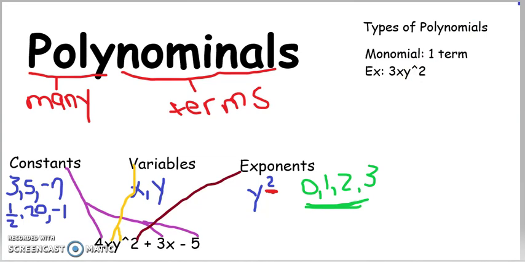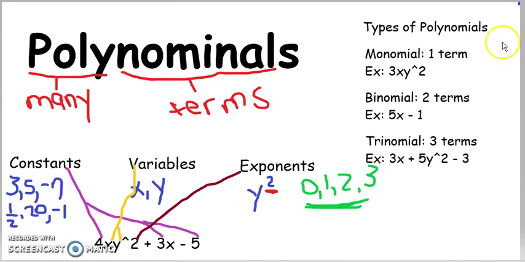The next type of polynomial that we'll learn about is a binomial. Bi meaning 2, so it has 2 terms. An example of a binomial would be 5x minus 1. It has 2 constants and it also has a variable. And the last type of polynomial that we will learn about during this unit is a trinomial.